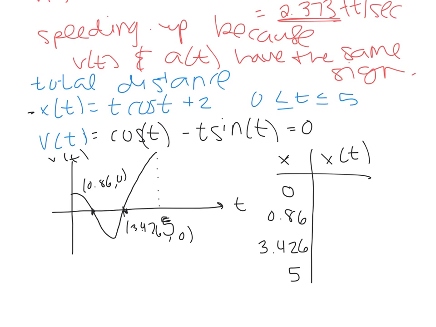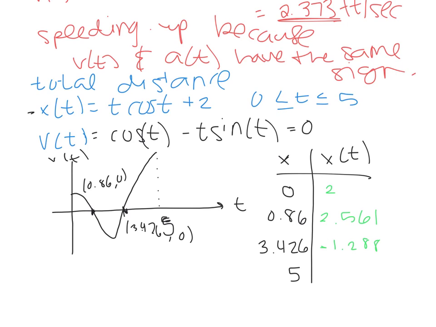Okay, so I plugged it in, and at 0 my particle starts at 2. If I plug in 0 for t, cosine of 0 is 0, so that would leave me with 2. At 0.86 my distance is 2.561. At 3.426 my distance is negative 1.288.